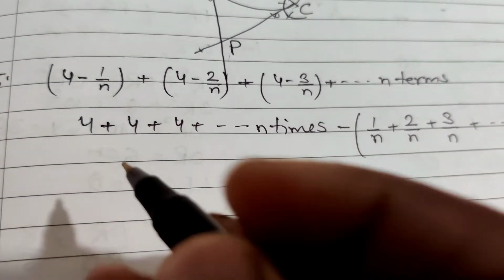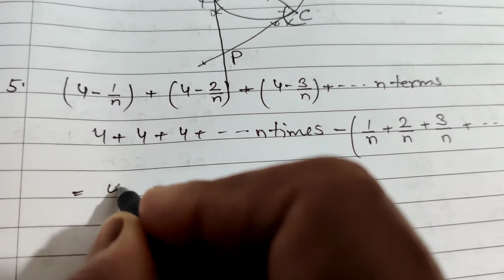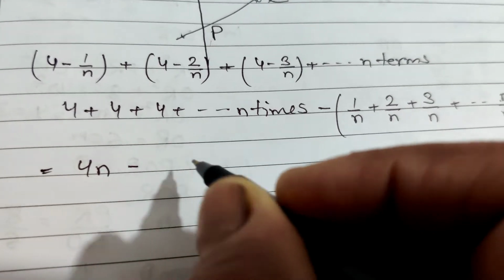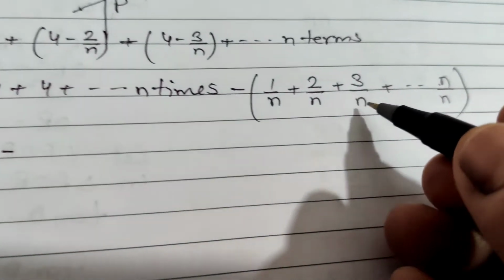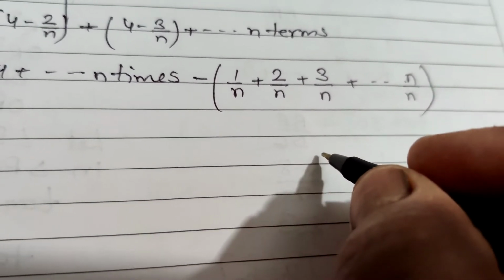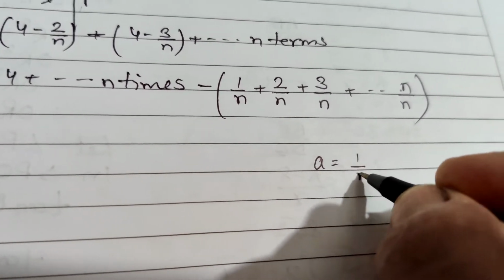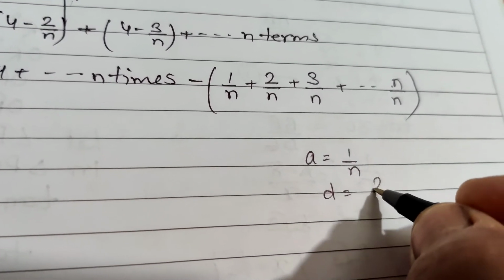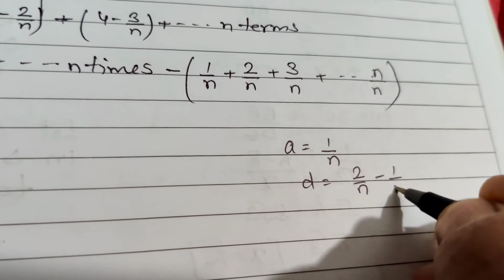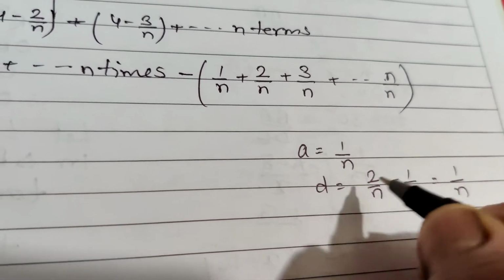The sum is 4n minus. Thus this is the AP in which a equal to 1 by n, d equal to 2 by n minus 1 by n is 1 by n, and number of terms n.